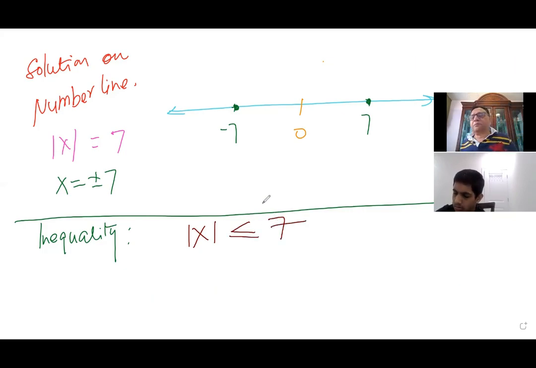Now from the above number line solution of the equation absolute value of x equals 7, can you tell me what is the solution of absolute value of x less than or equal to 7? Negative infinity to 7? No, everything in between, because absolute value is within. This means within an interval.